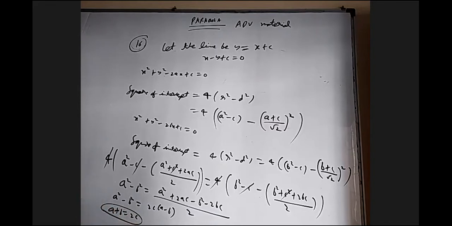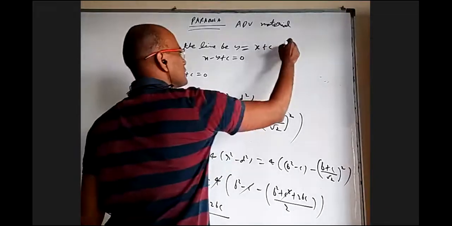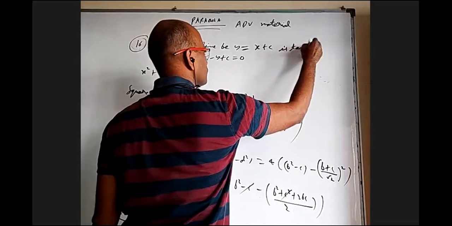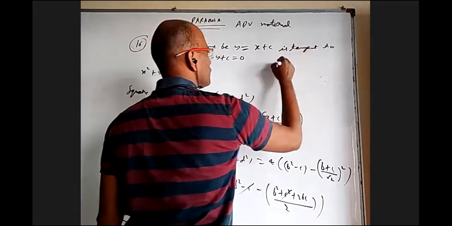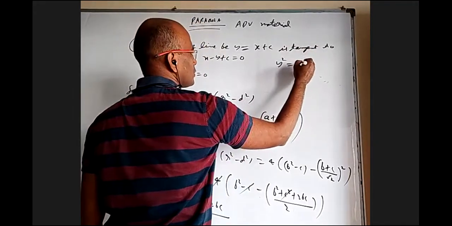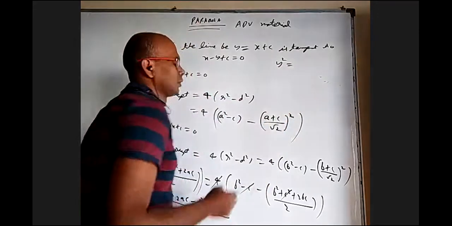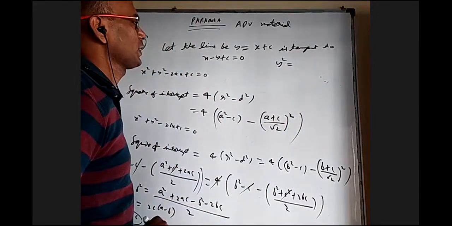Okay. Now this line is always touching a parabola. What is that? There I have to write c equal to a by m. From that I know basically the a value. So c equal to a. So y square equal to 4cx. In the place of c, you can write 2 into a plus b. Okay. So this is tangent to y square equal to, this is c equal to a by m.